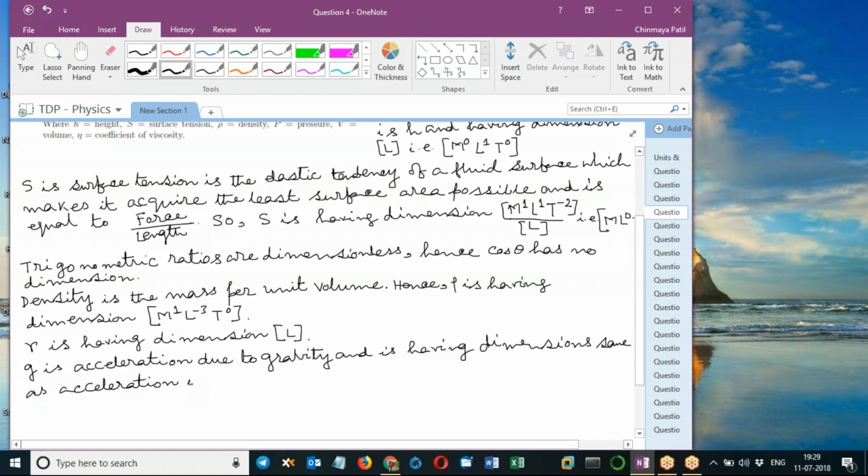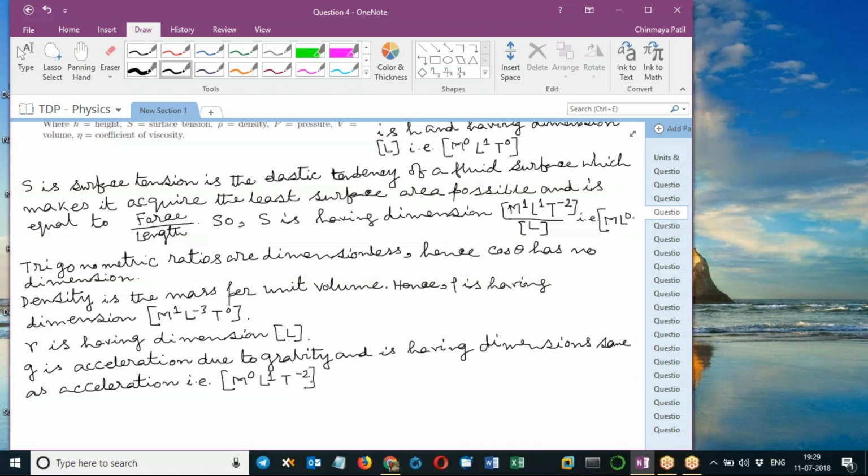That is, M power 0, L power 1, T power minus 2.